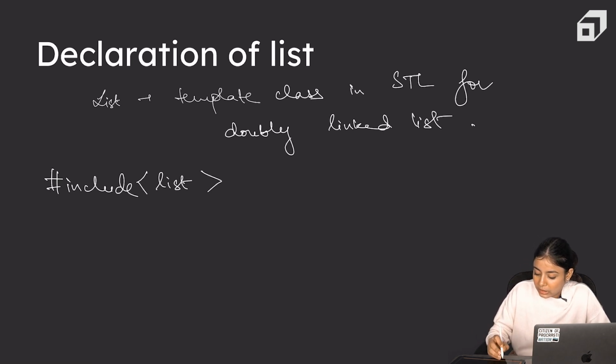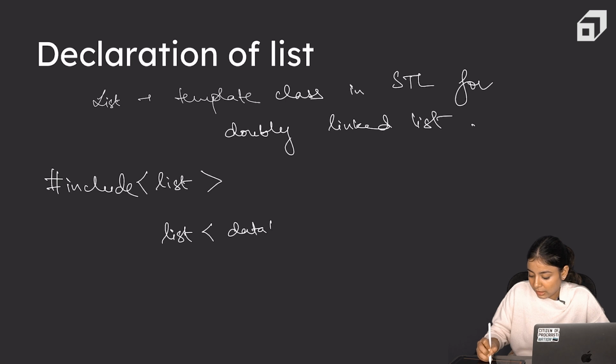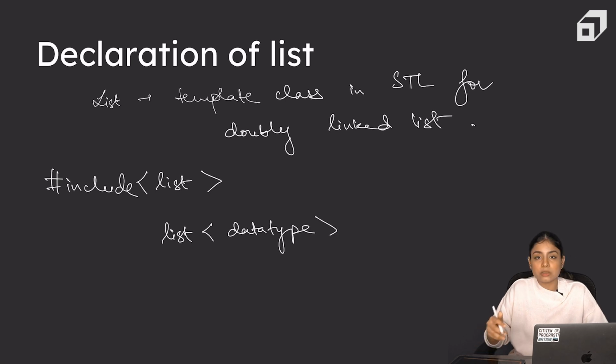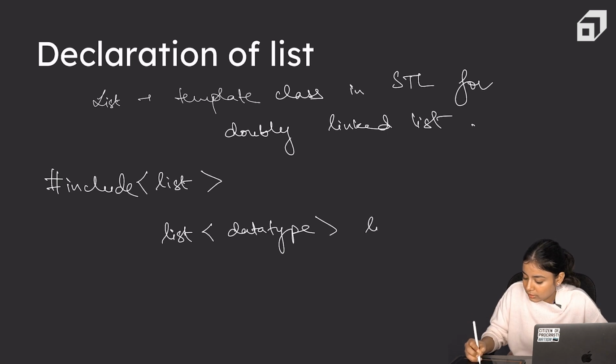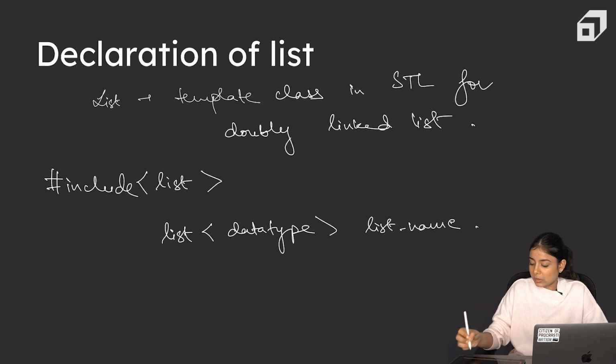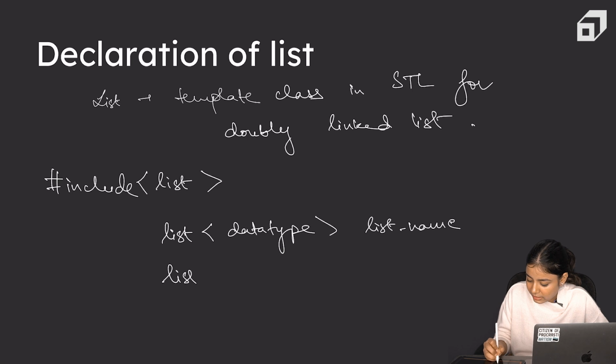And if I want to create a list, I can specify list, the data type of the values that I want to store in the list, and the list name. So it's as easy as saying list int L1.